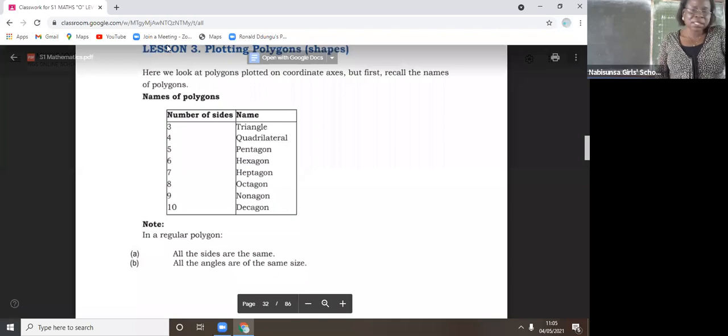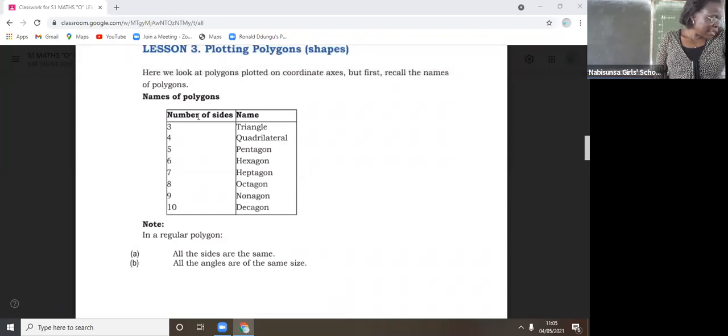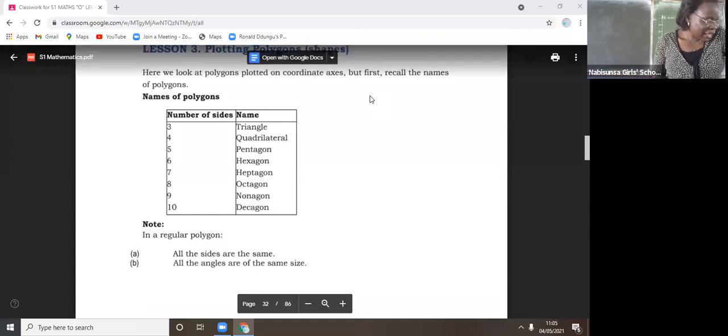The 4 sides, they are quadrilateral, 5 sides, pentagon, 6 sides, hexagon, 7 sides, heptagon, 8 sides, octagon, 9 sides, nonagon, and 10 sides, decagon. Thank you very much.